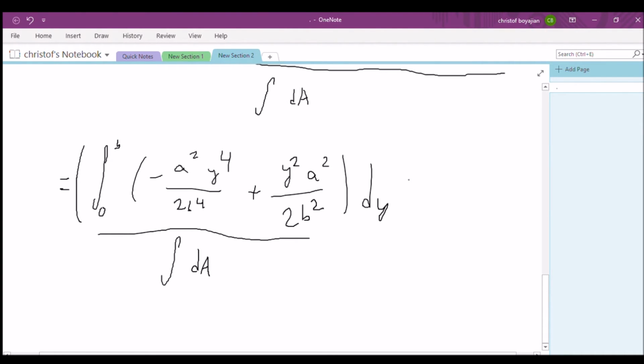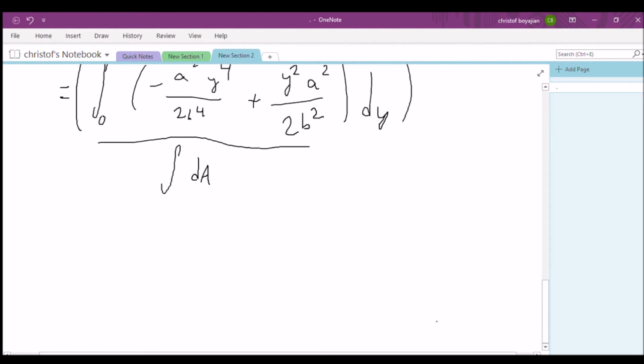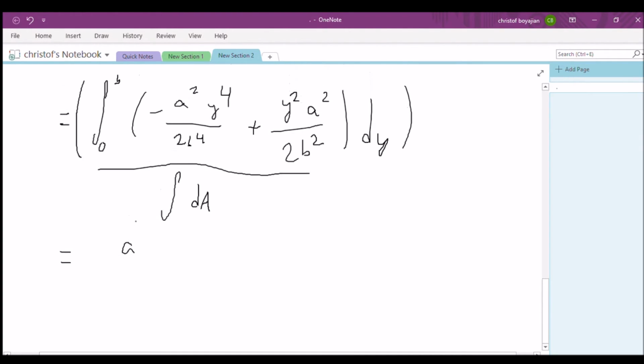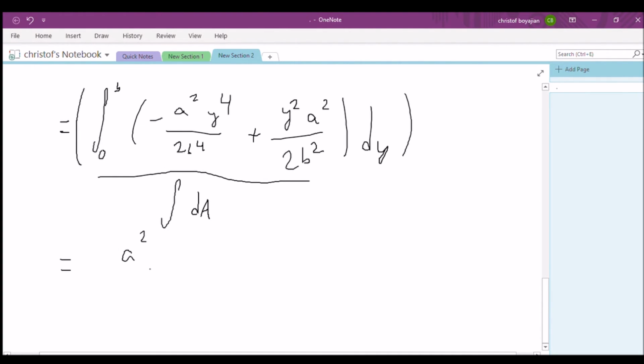Okay, so with respect to y, this integral should be a squared over b to the fourth times y to the fifth. Now if we divide by 5, I'm just going to make this a 10 because we're multiplying 2 times 5 in the denominator.